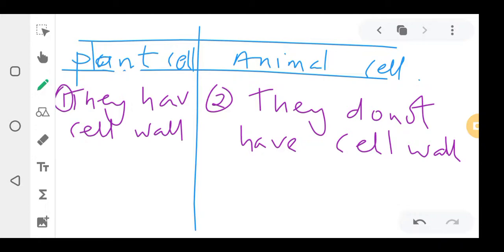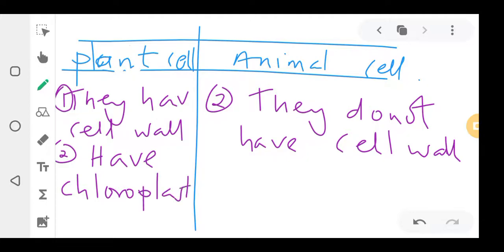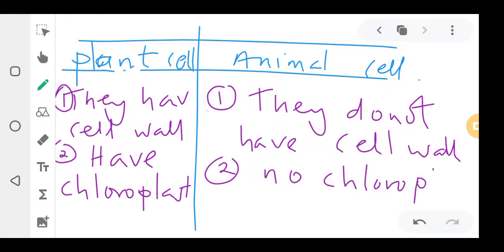So that's the second difference. Plant cells have chloroplasts, and animal cells have no chloroplasts.